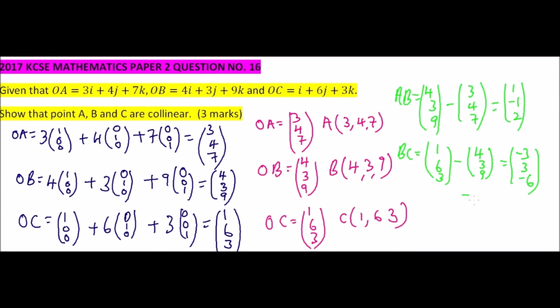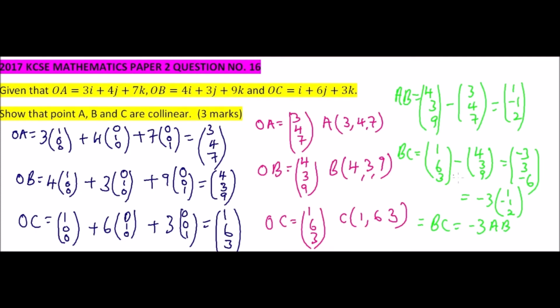This vector we can write as minus 3 times (1, minus 1, 2), which is the same as vector AB. Therefore, we can say BC is equal to minus 3AB, because this is the same as AB.